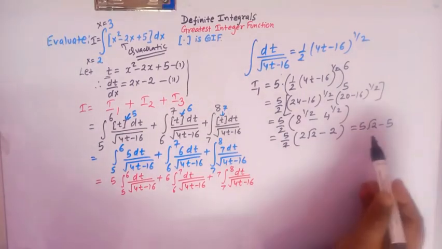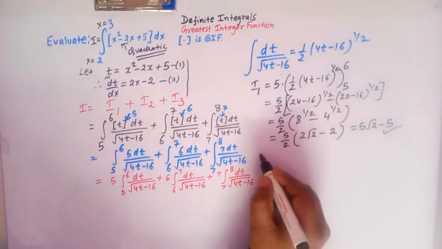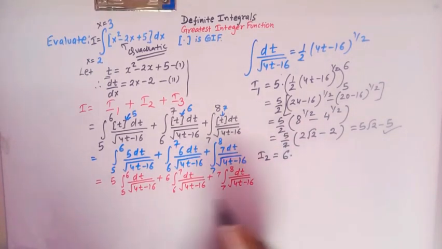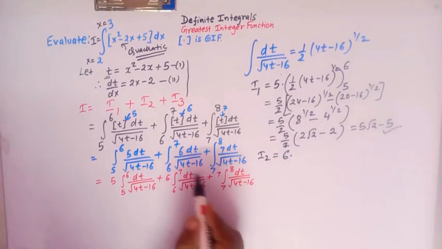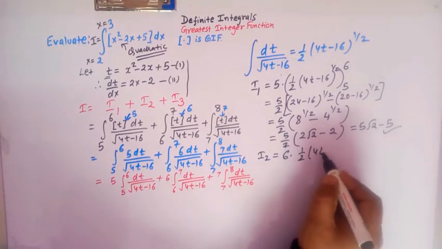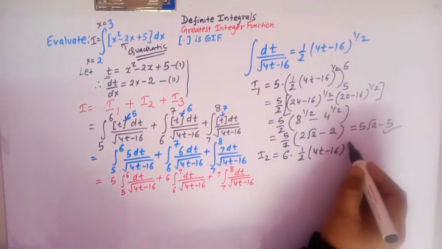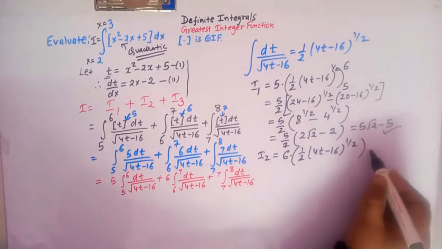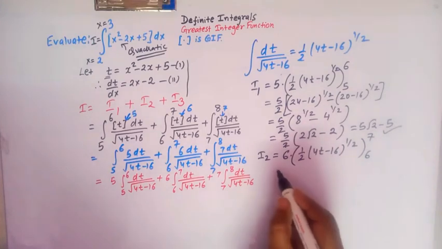Okay, so this is the value of I1, and I2 is 6 times this definite integral. So we have half of (4t minus 16) raised to half, and the limits are from 6 to 7, right?